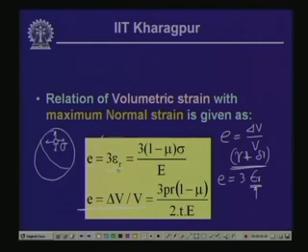Hence, the strain at any point we can write as sigma by E minus mu times sigma by E, this being biaxial in nature.